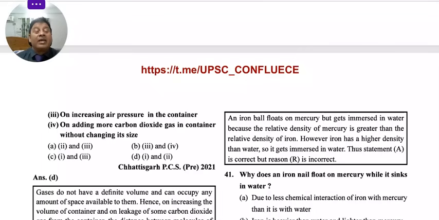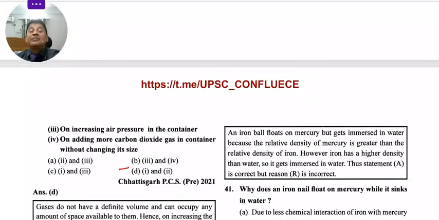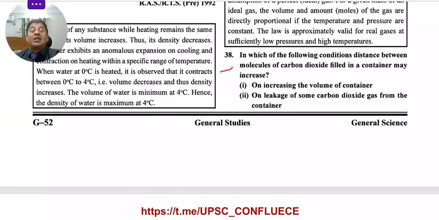Now this is wrong, this is wrong, so first one is right. So the right response is D. D means this one. These are the two responses. Options: one, increasing the volume of container, on leakage of some carbon dioxide gas from the container.